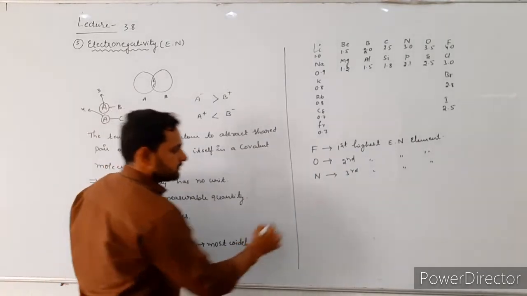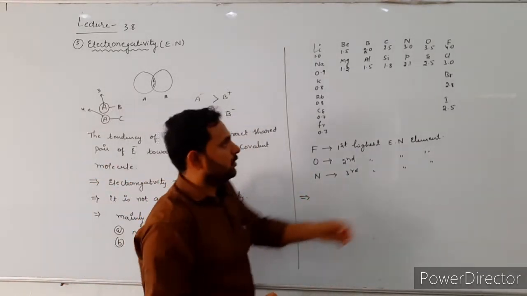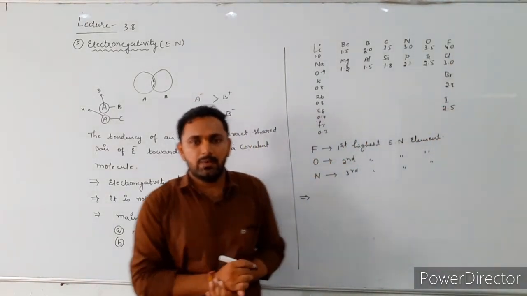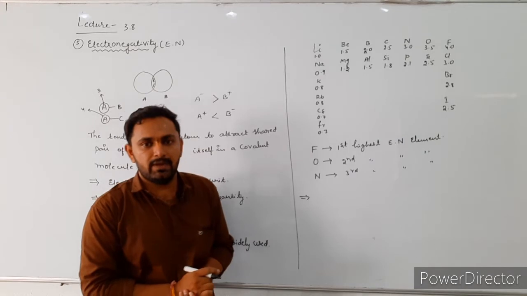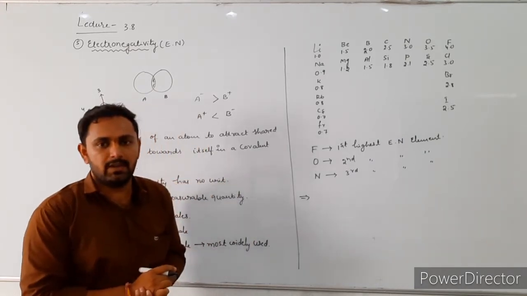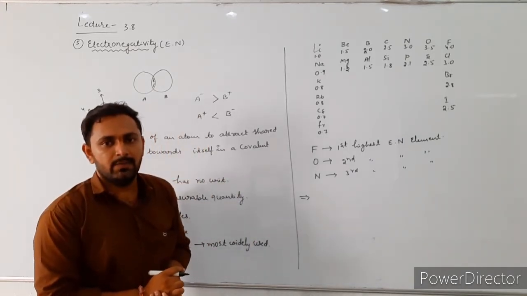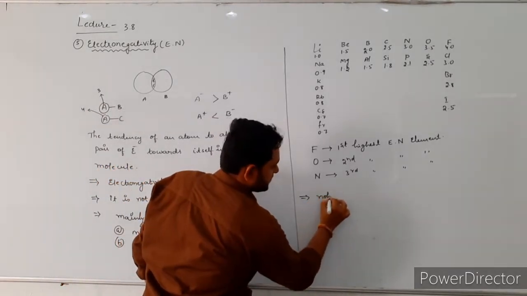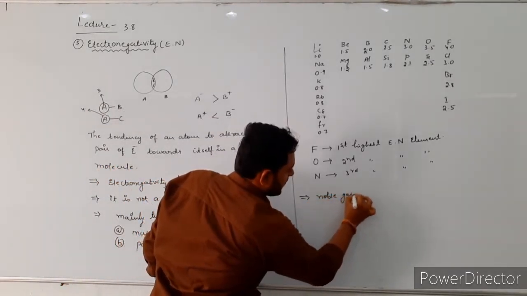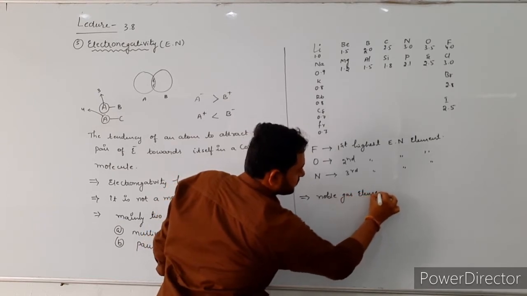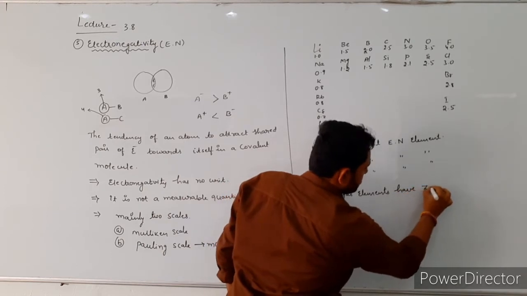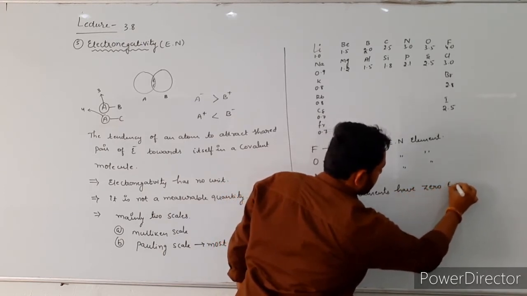Okay. Now, see here noble gases. For noble gases, the electronegativity is 0 due to stable electronic configuration. Noble gas elements have 0 electronegativity.